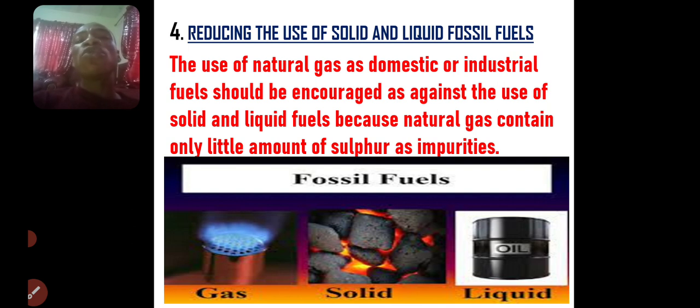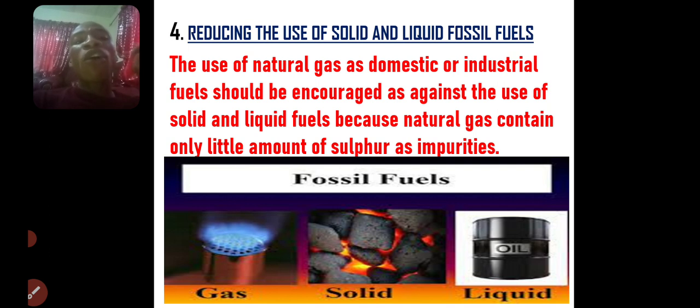Let's begin to use gaseous fossil fuel that doesn't produce too much carbon dioxide, too much pollutant, unlike coal or petroleum. Let's begin to use fuel like the gas cooker, and the gases in them normally burn completely. So there will be less pollutant produced from gaseous fuel.